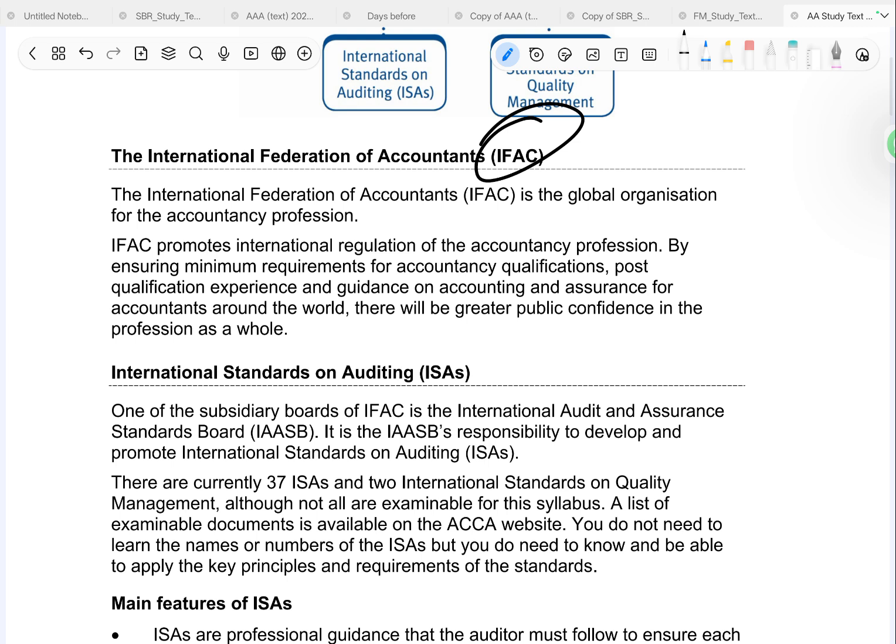For example, IFAC helps to establish guidelines relating to accountancy qualifications, post qualification experience, and guidance on accounting and assurance for accountants around the world. There will be greater public confidence in the profession as a whole. And remember, trust is extremely important in auditing because users rely on the auditors to provide credible and independent assurance.